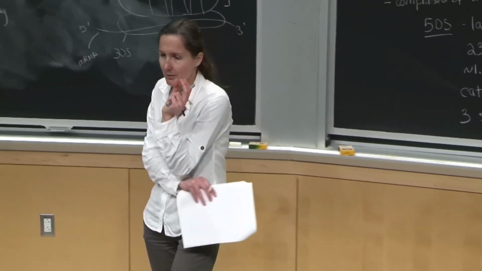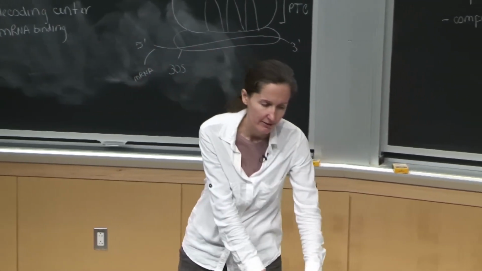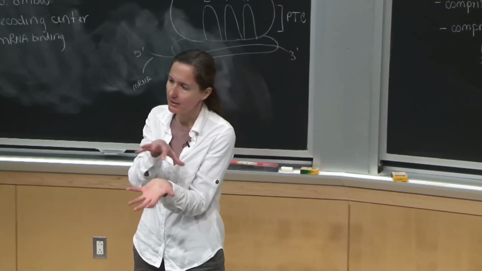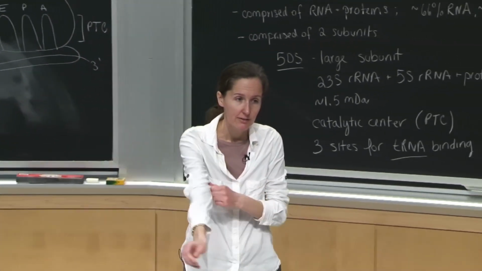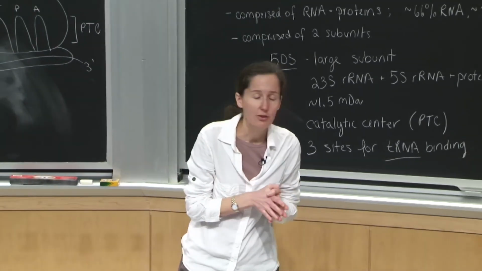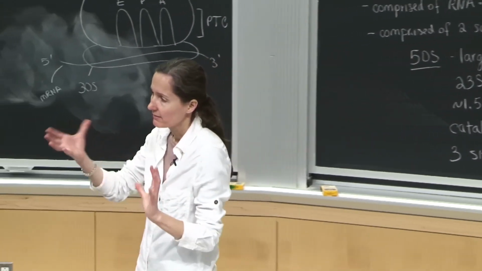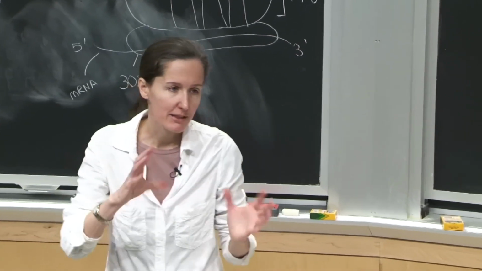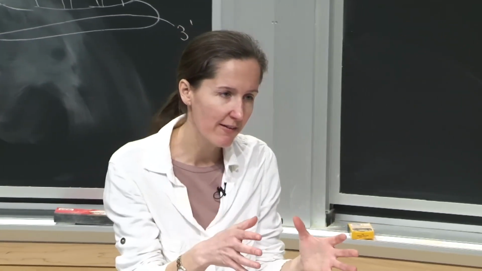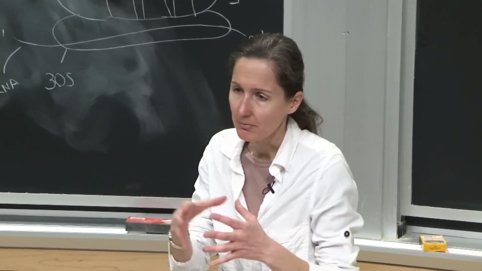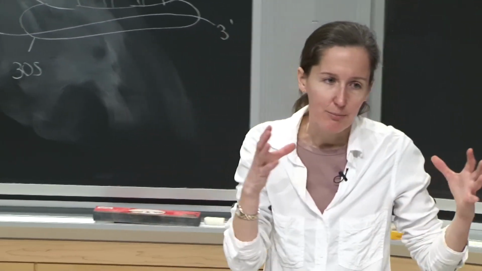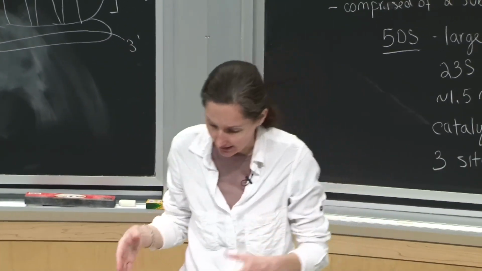So another point to think about is how these subunits actually come together and what mediates that interaction. These subunits basically come into contact at about 12 positions. And magnesium ions are really important for mediating the interaction between the 30S and the 50S.